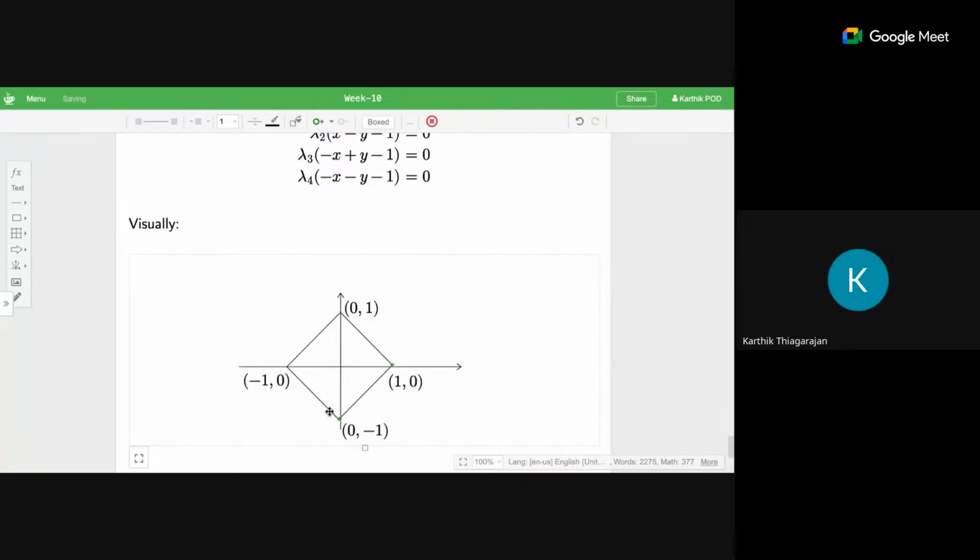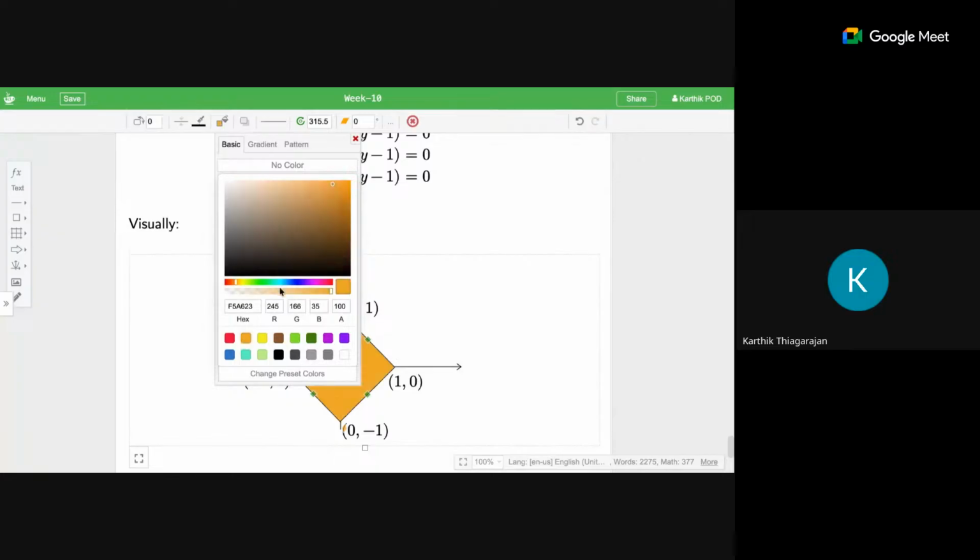In fact, maybe I can do a better job of drawing this. Should have done it anyway. Sorry for the delay. So what I'll do is delete this and then insert the square here. That's better, so that I can shade this constrained region.